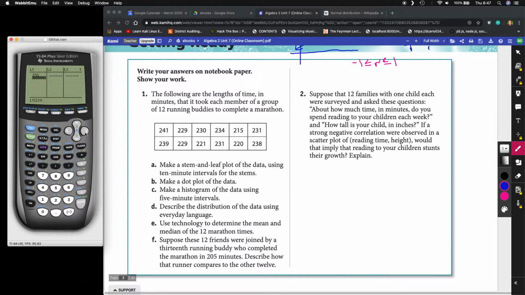Actually, one of the biggest mistakes students make during this unit is simply not typing things in correctly. Like I just typed in that 229 really quickly and only 29 popped up.